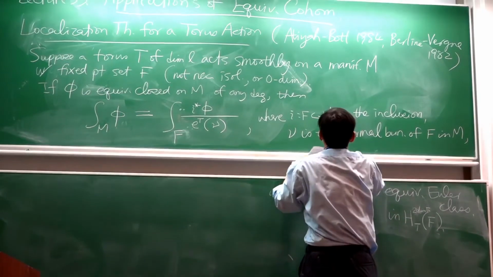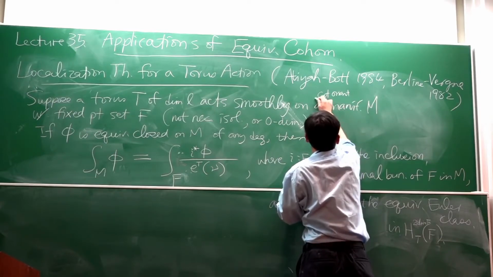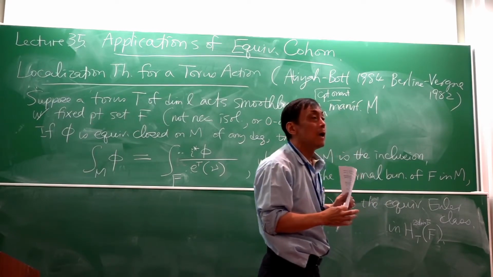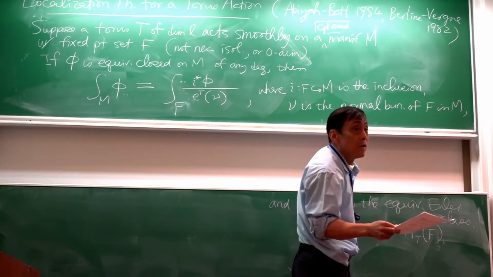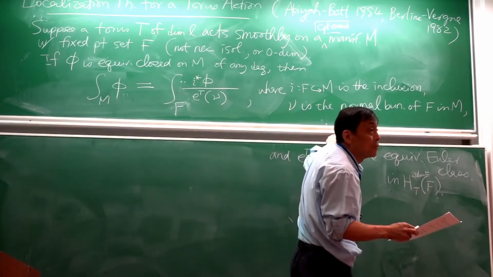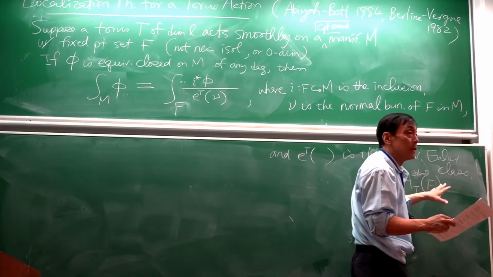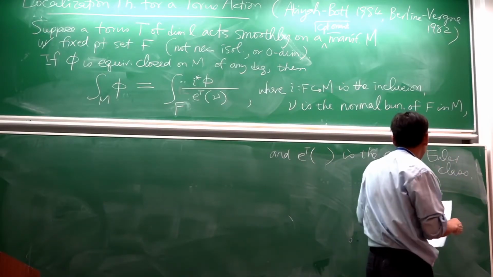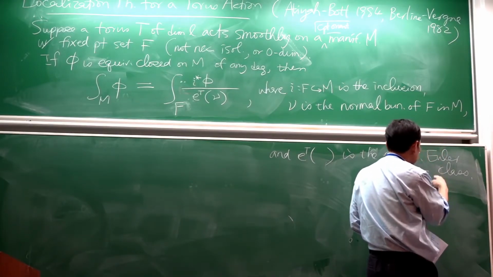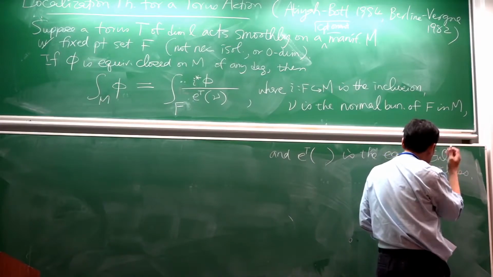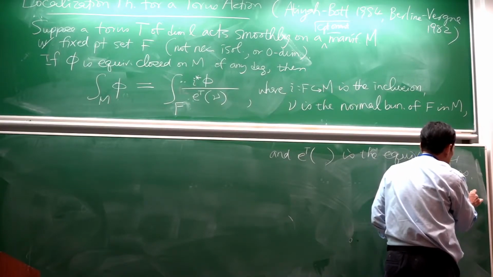M has to be compact oriented. Now F is a closed submanifold of M, therefore F is also compact, and you can give it an orientation. It's got two orientations. In the top dimension, it will just be a polynomial ring.